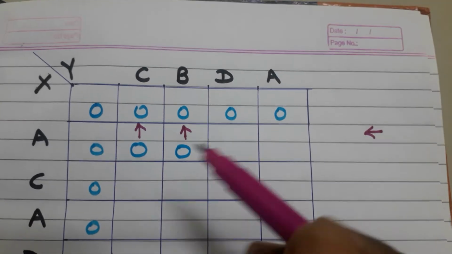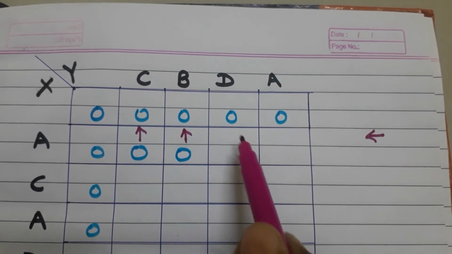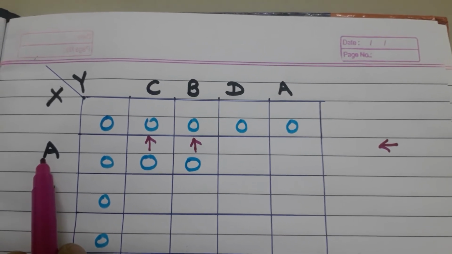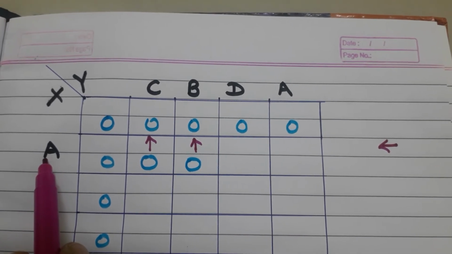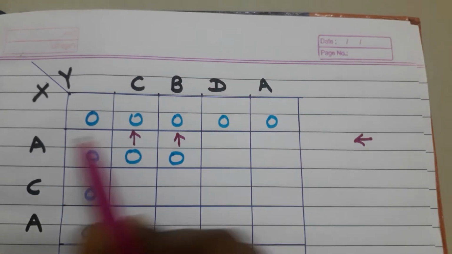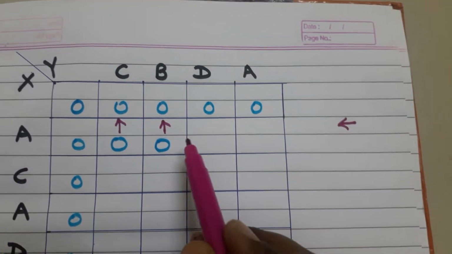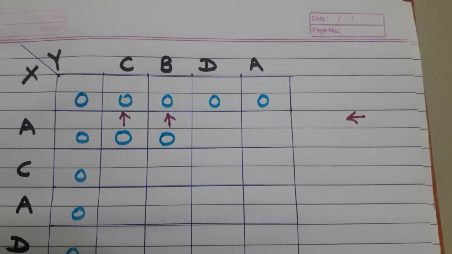Now again we have to fill the value for this cell. We check the current cell, where we have written A and D. A and D are not matching, so again we take the maximum value.